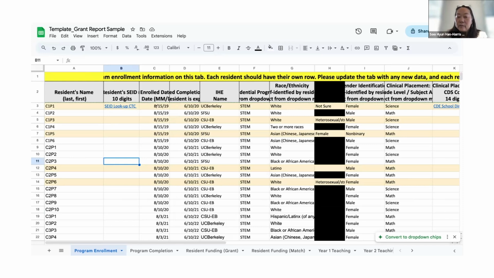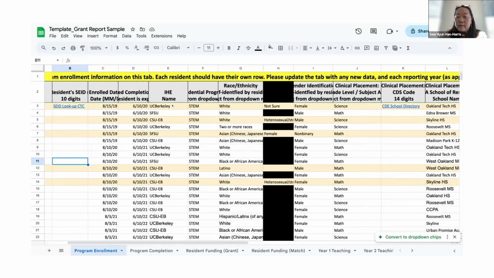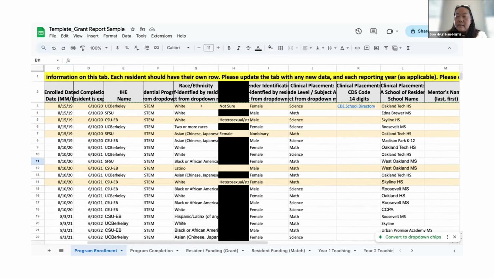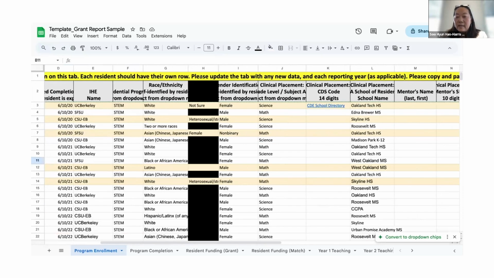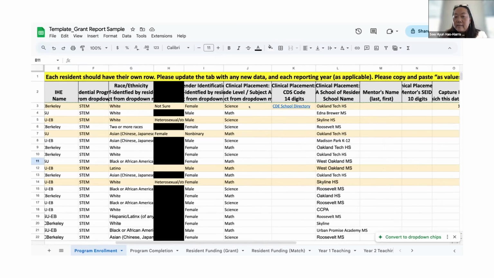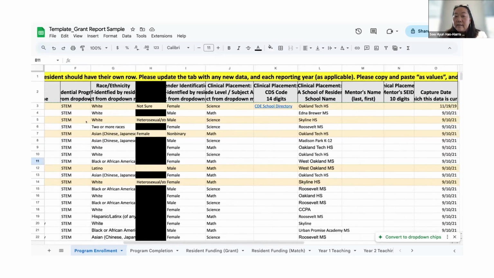And then the enroll date for this person, the partnering program that they were with, the credential area, their race. This column H here is back at the beginning. The person before me was tracking other demographic data, which we don't do anymore, aside from race and gender. And then, sorry, that's STEM.